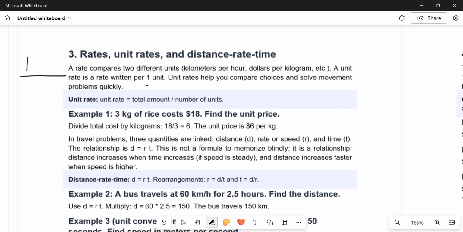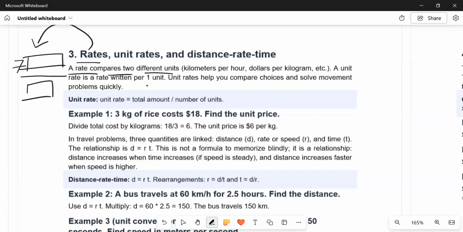So a rate will have a numerator and a denominator. A rate compares two different units. This is its speciality.